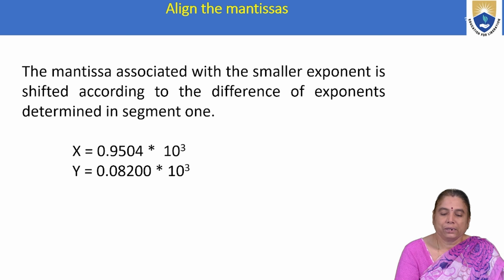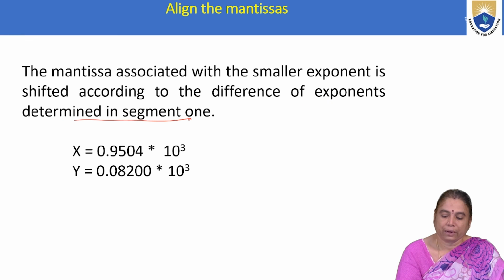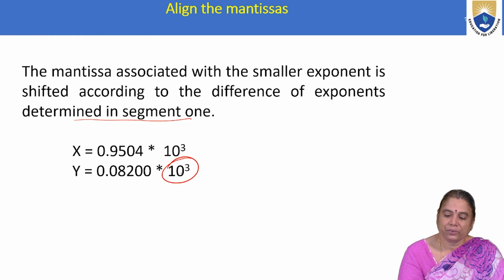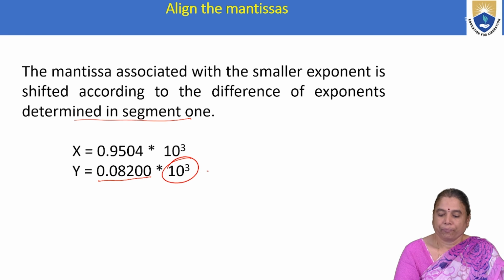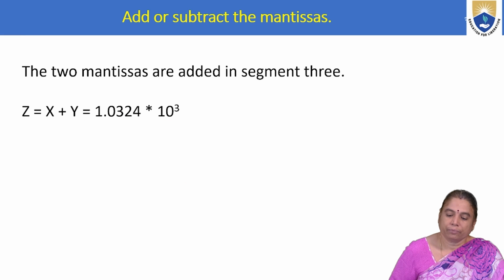In the second segment, the mantissa associated with the smaller exponent is shifted according to the difference of exponents determined in segment 1, so that the exponent of Y can be adjusted to give 0.0882 times 10 to the power 3. Thereby the aligning of the mantissas occurs.